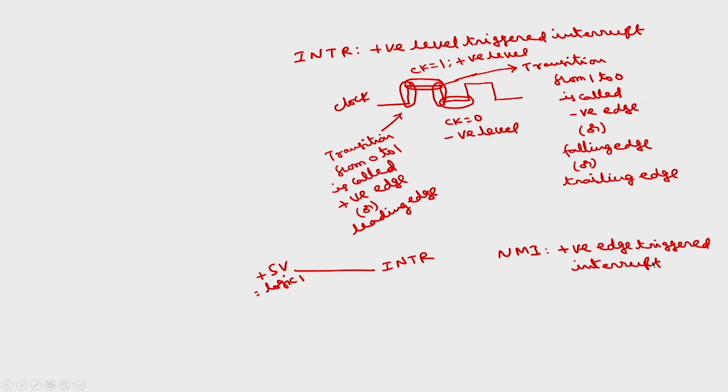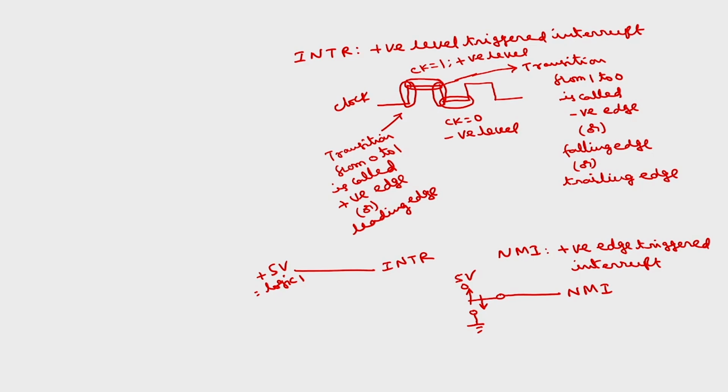That is, if you want to enable this NMI, you have to give a transition from 0 to 1. If this is the NMI signal, this is my ground, this is my 5 volts line, then you first connect the NMI signal to 0, then you connect to 5 volts, then only this NMI will be enabled, a 0 to 1 transition, which is called positive edge.